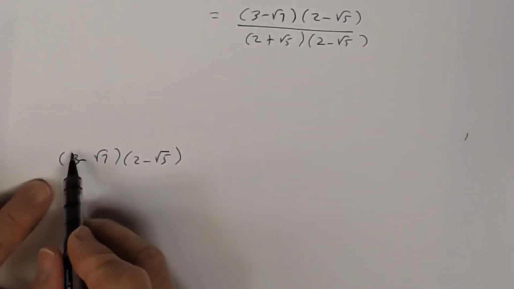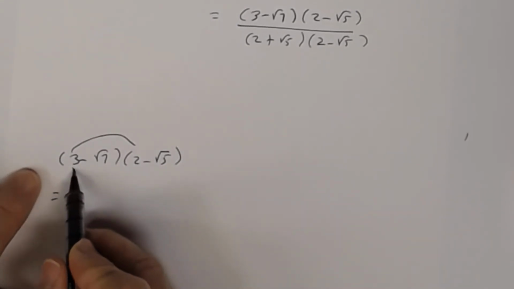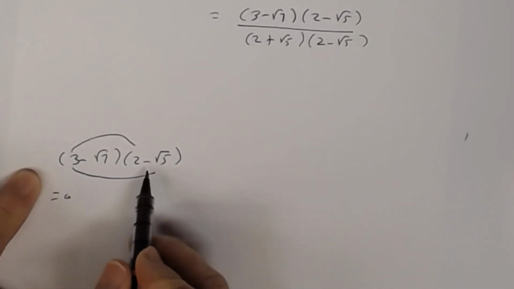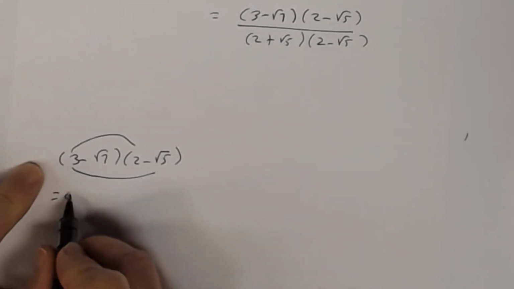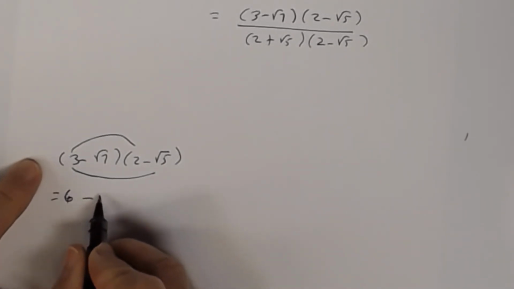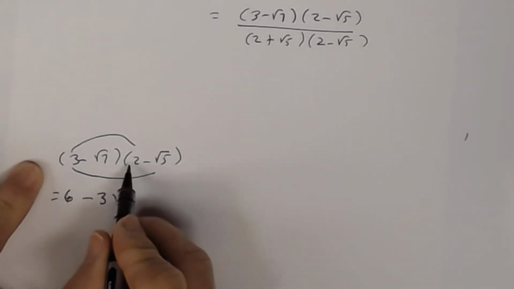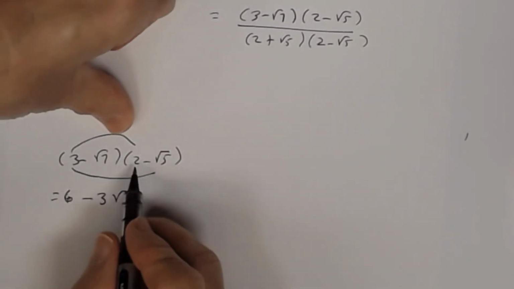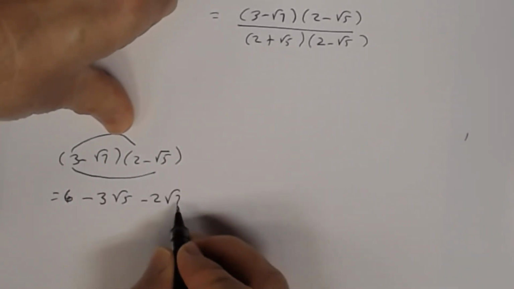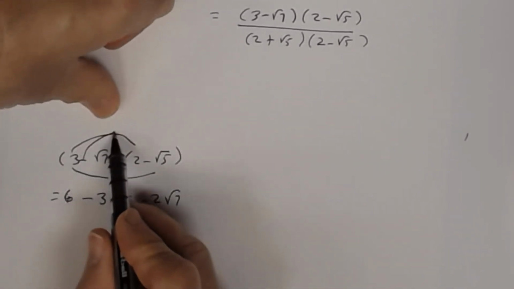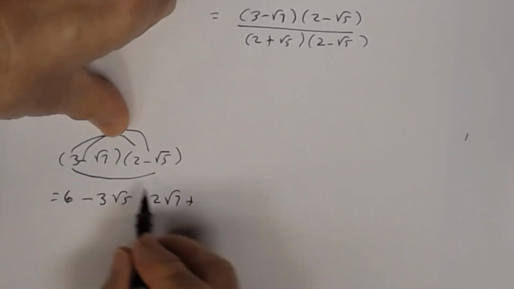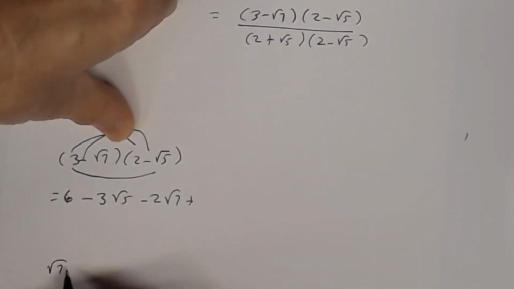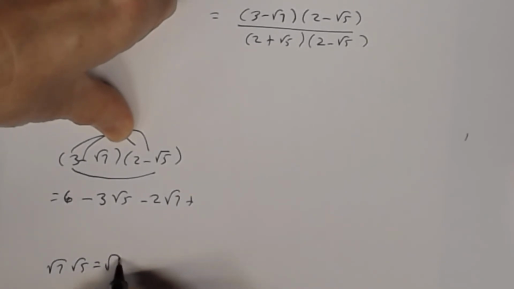So let's FOIL this. 3 times 2 is 6. The outer, 3 times a negative square root of 5, is a negative 3 square root of 5. The inner, a negative square root of 7 times 2, is a negative 2 square root of 7. And then the last, a negative times a negative is a positive. The square root of 7 times the square root of 5 is the square root of 35.